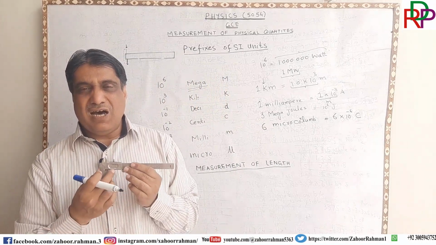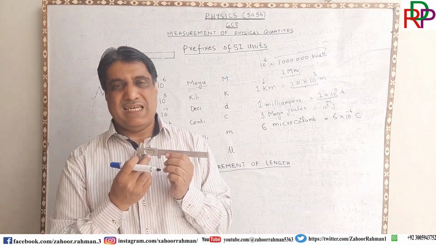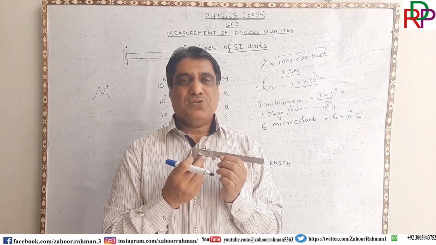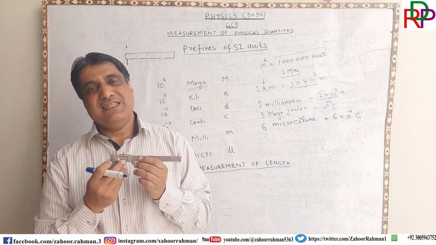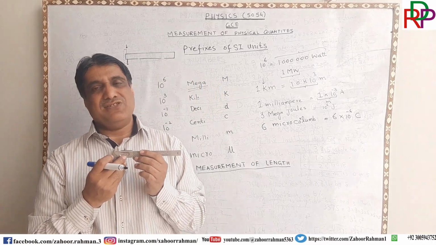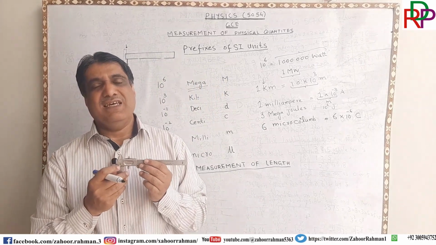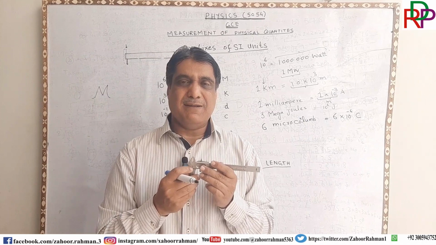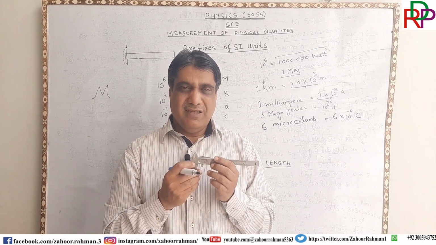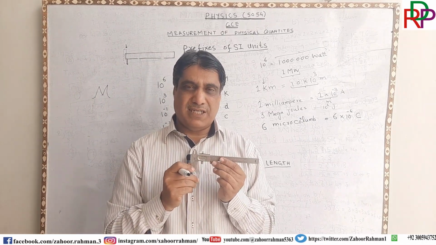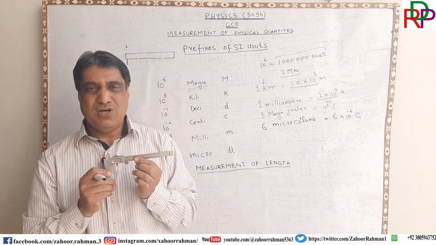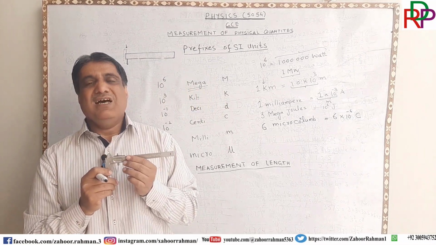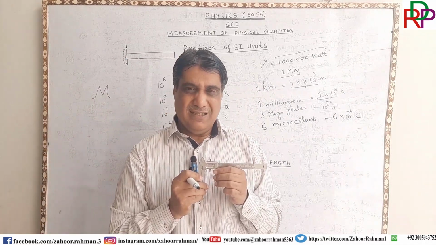If the zero of the vernier scale is to the right of the zero of the main scale, then the instrument also has an error, called positive zero error, and you have to subtract this value from the final value of the measurement.